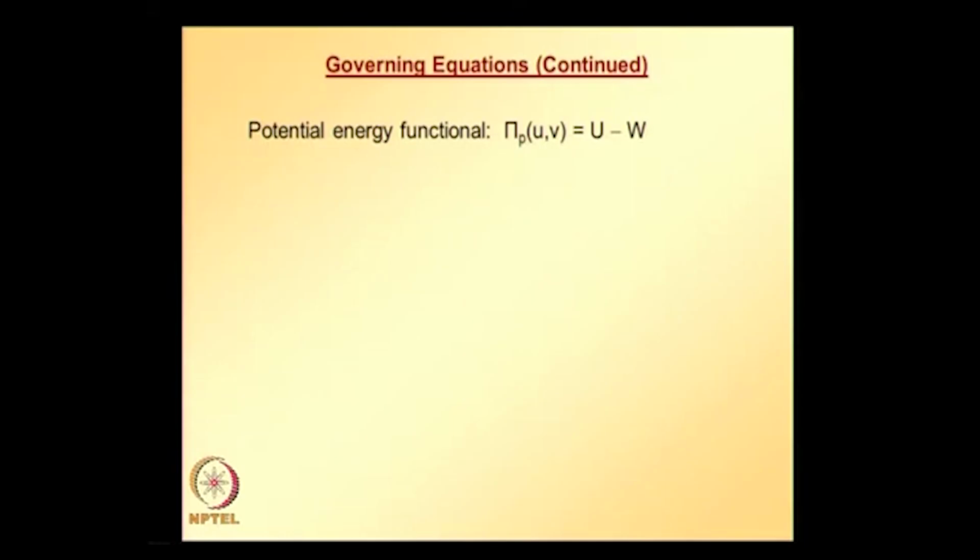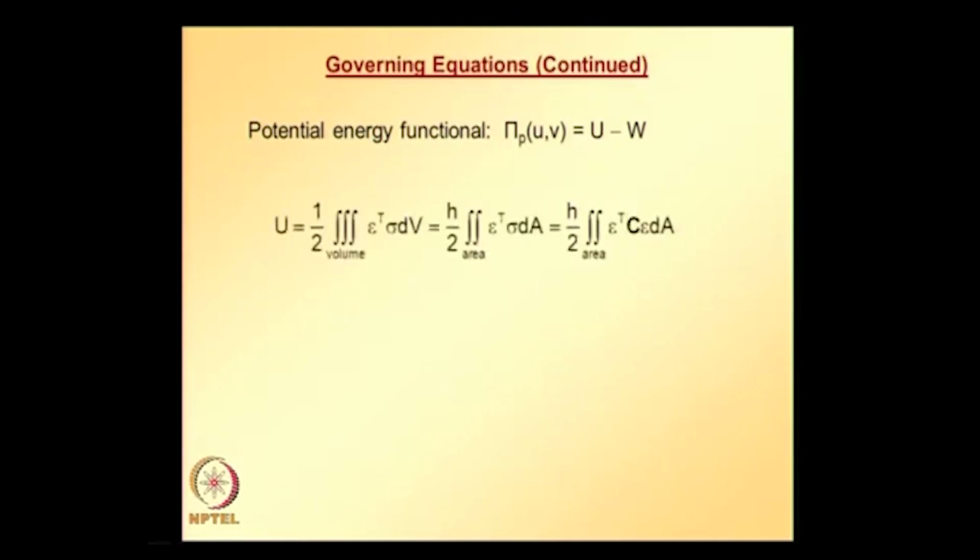Pi is equal to U minus W, where U is nothing but the strain energy, which is given by this equation, and W is nothing but the work done by the applied forces. If applied forces are point forces or concentrated forces, then work done by the concentrated forces is simply the product of applied forces and corresponding displacements at the point of application of load.